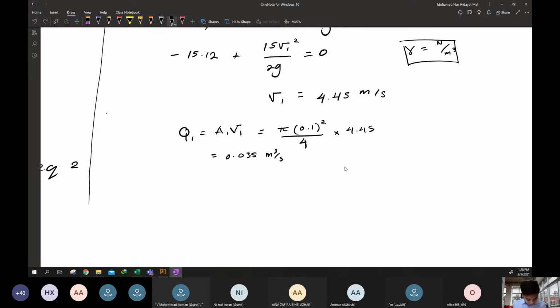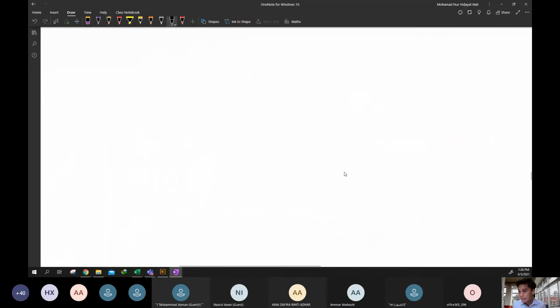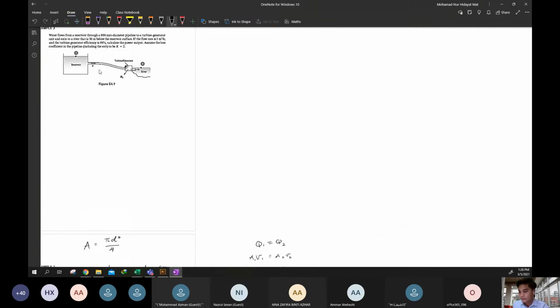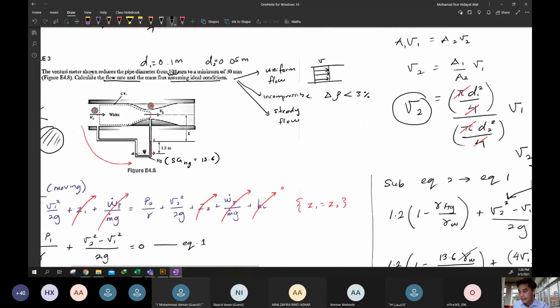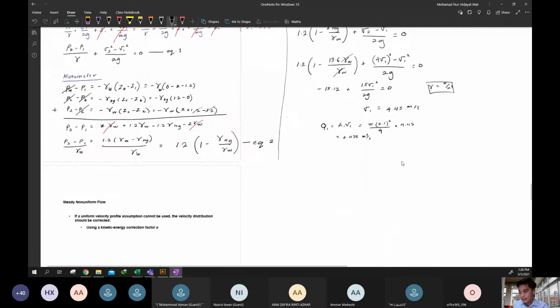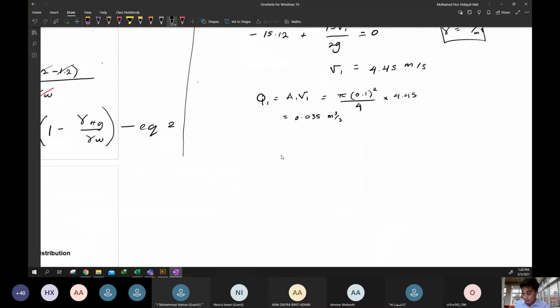Alright. So next the question asks for the mass flux. That means mass flow rate. Mass flow rate has the symbol m dot. What's the formula? Rho multiplied with Q. We have Q, but we don't have any rho.